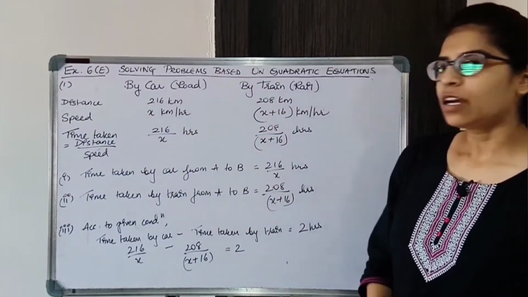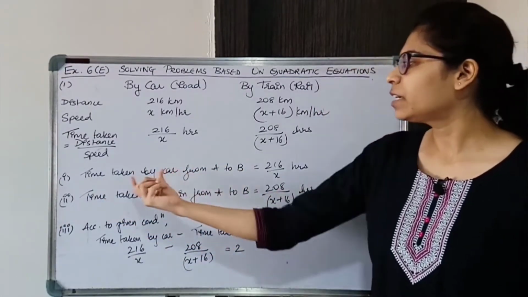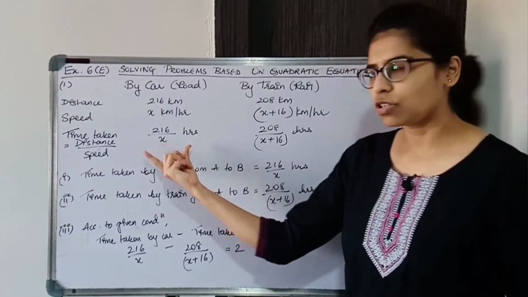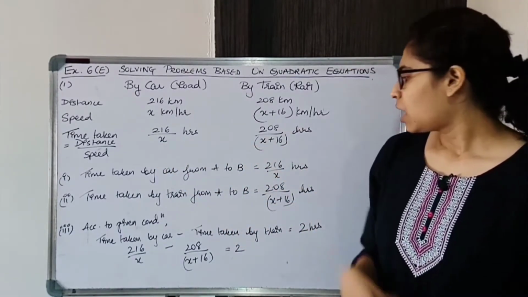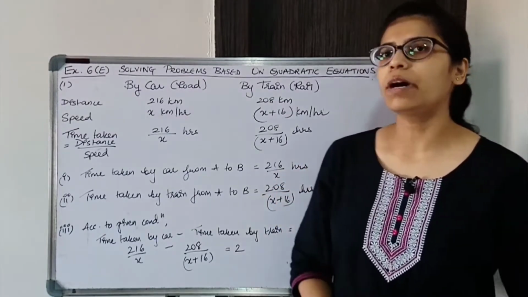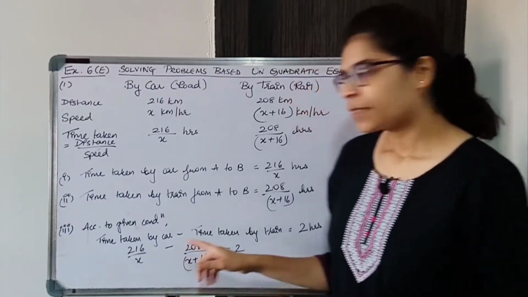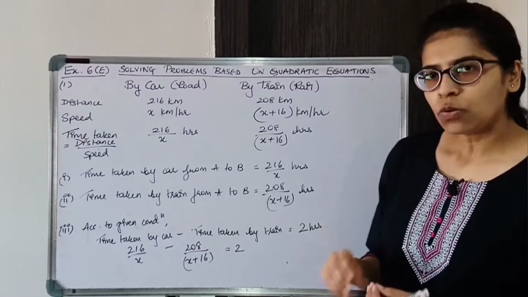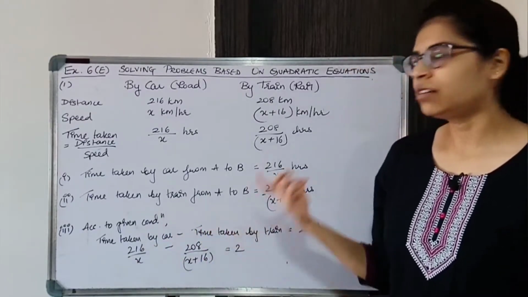Okay, now first part we found, second part also we found. Time taken by car will be this much, time taken by the train will be this much. Hours, don't forget the units. Okay, now third part we have to form the equation and solve it. So according to the given condition we are told that car is taking 2 hours more than the train.